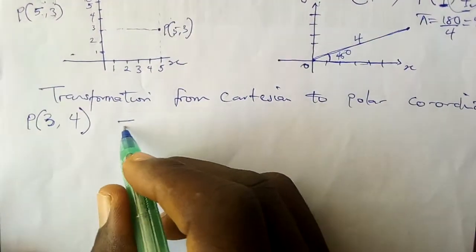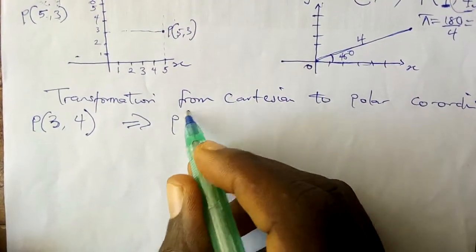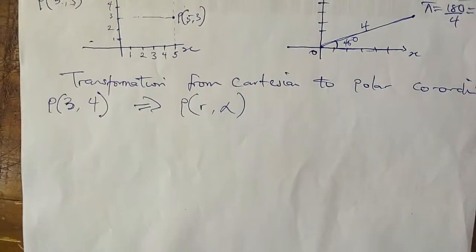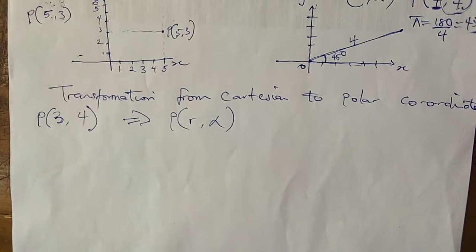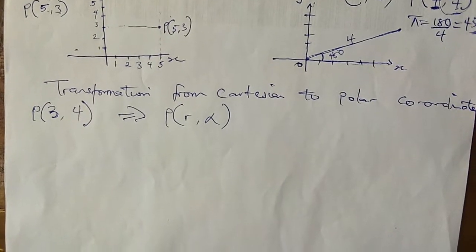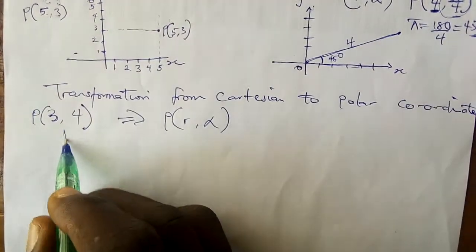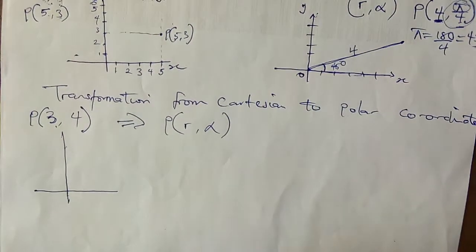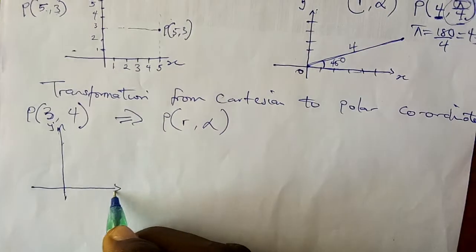I want to change it to something like P into r, then angle. If I want to do this, it is very simple. Plot your graph for this Cartesian distance. You have your y here, you have your x here.